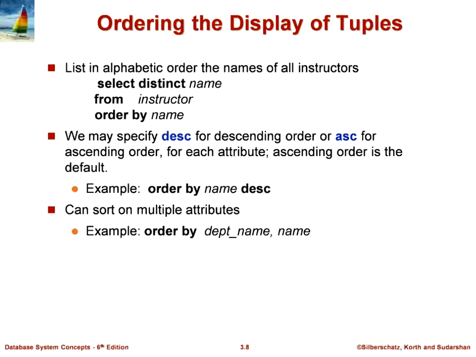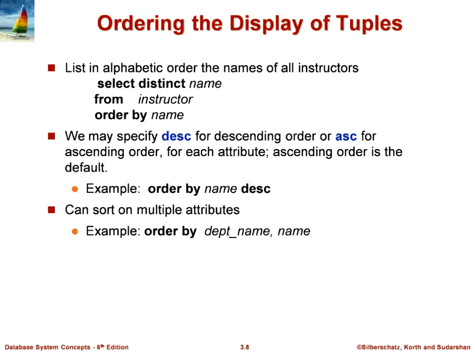If you are not writing distinct, or if you are writing all, it means you are going to display all names even if they are repeated. So you write order by name, and we may specify DESC for descending order or ASC for ascending order for each attribute; ascending order is the default.